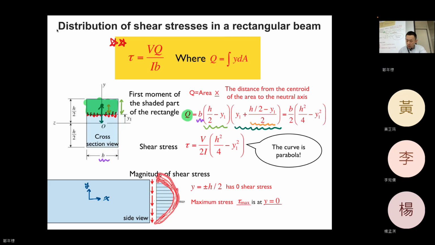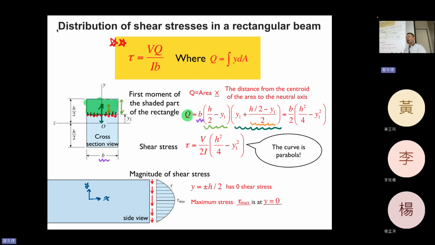Maximum stress occurs at the neutral axis. And when y equals half h, positive or negative, it becomes 0. Nothing at the top or at the bottom for shear.